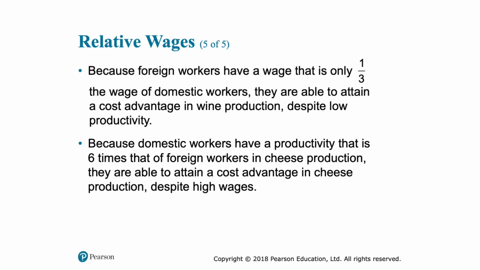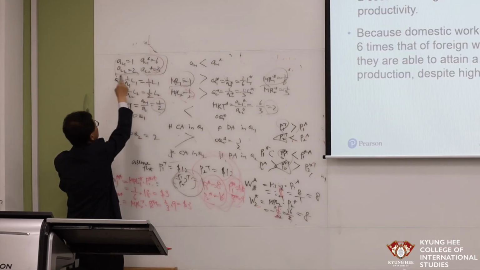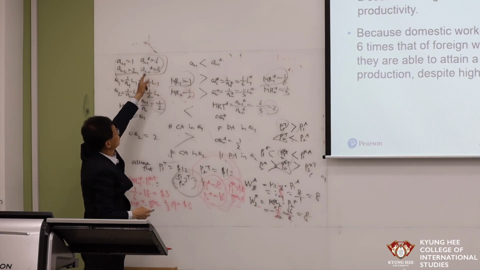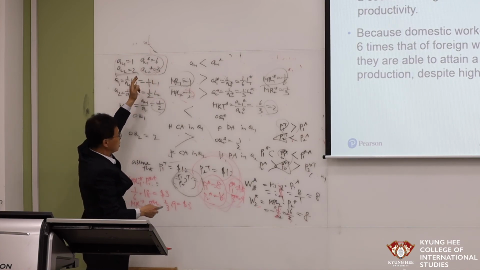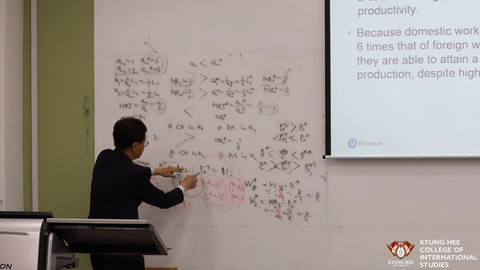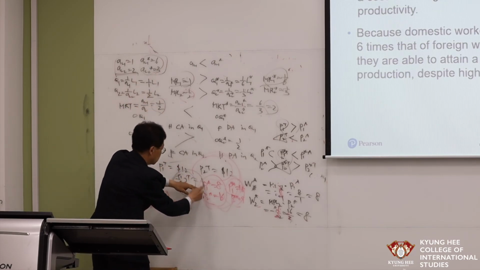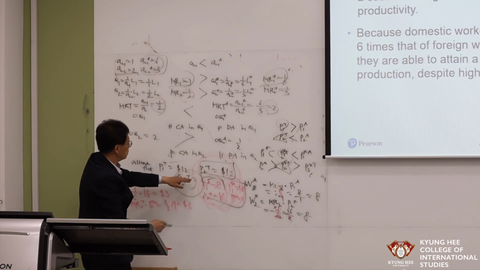So I will provide the information in the midterm exam. AL1 is something, AL2 is something like this. Some numbers, maybe different from this. And I'll give you information that P1A, P2A is something, and after-trade prices of P1 and P2 like this.